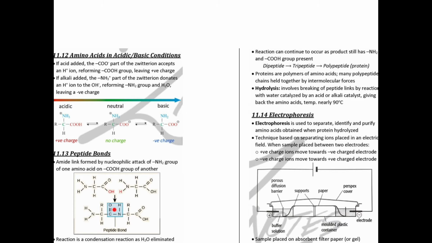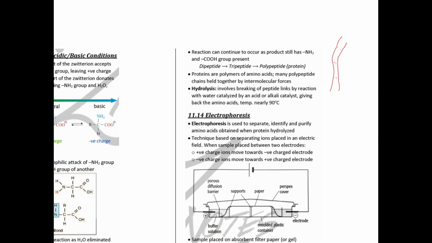You can also use alkaline hydrolysis to break down the bond here, changing it back to COOH and NH2. So it is possible to do it. We call that hydrolysis, and it involves breaking of the peptide link by reaction with water catalyzed by an acid or alkaline catalyst, giving back the amino acids.